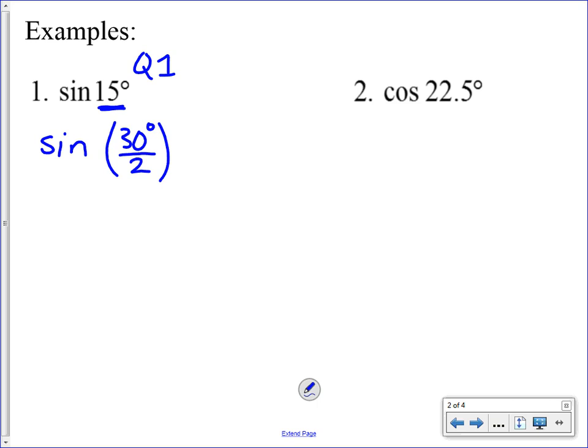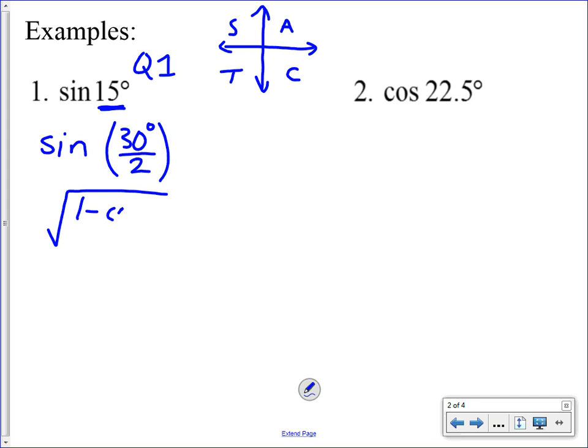You can always use that little trick: all students take calculus. So in quadrant 1, all the trig functions are positive. So this is going to equal the positive root of 1 minus cosine of 30 divided by 2.